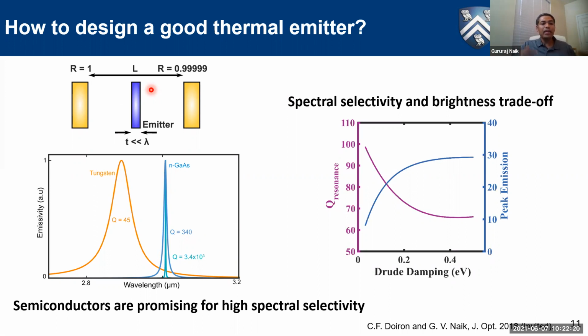So you see brighter thermal sources with higher, lossy emitters. But higher losses will make this cavity have smaller Q factors. Which means the Q factor of the cavity, that is selectivity, and the brightness of the emitter, they both trade off against each other. You cannot get the two things simultaneously at their best.